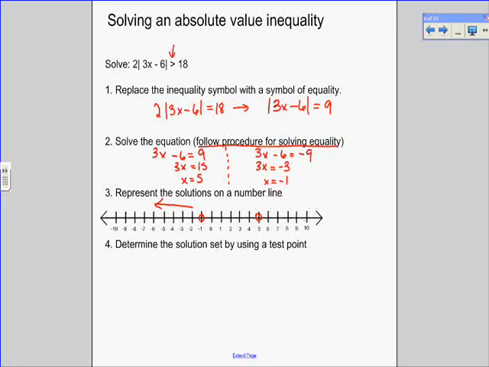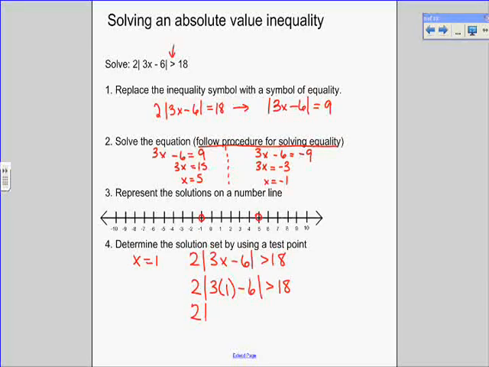So we'll choose, let's say, x equals 1. And we'll substitute that into our original inequality, which was 2 times the absolute value of 3x minus 6 is greater than 18. So 2 times the absolute value of 3 times 1 minus 6 is greater than 18.